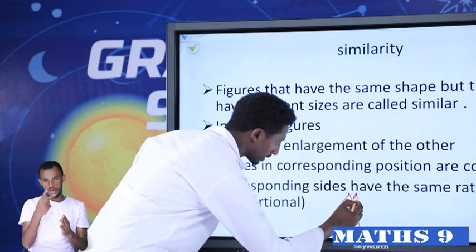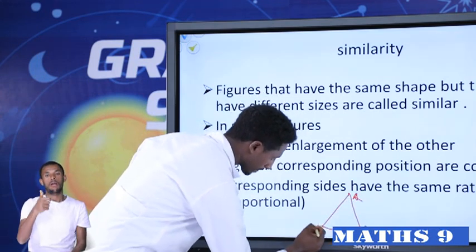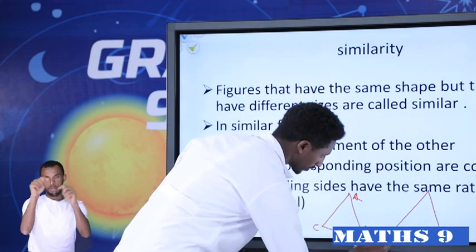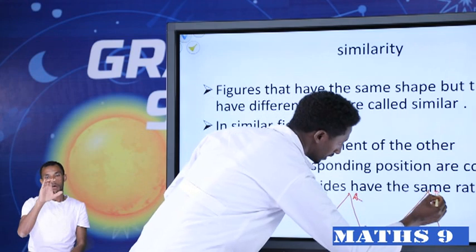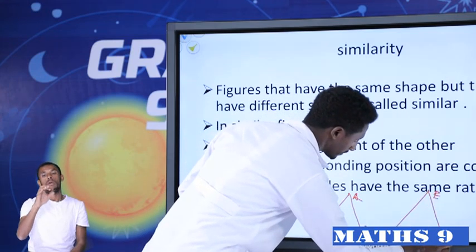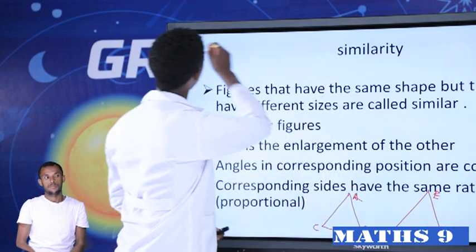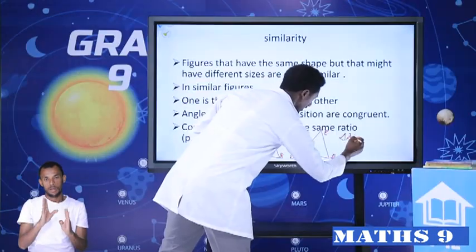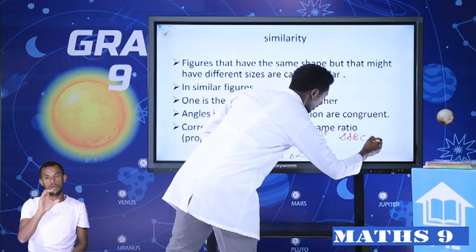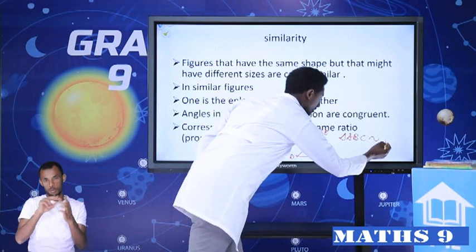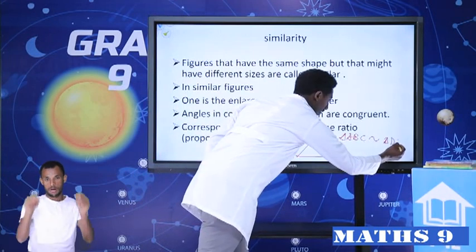Let triangle ABC be similar to triangle DEF. This symbol means similar.